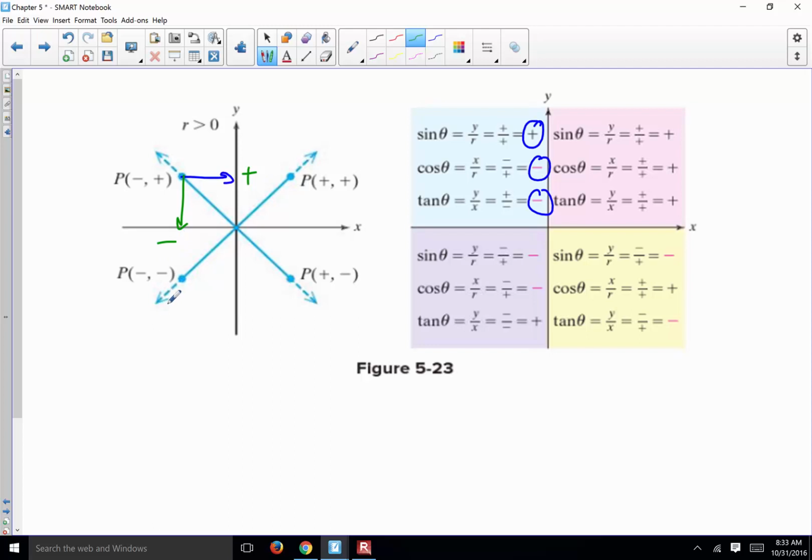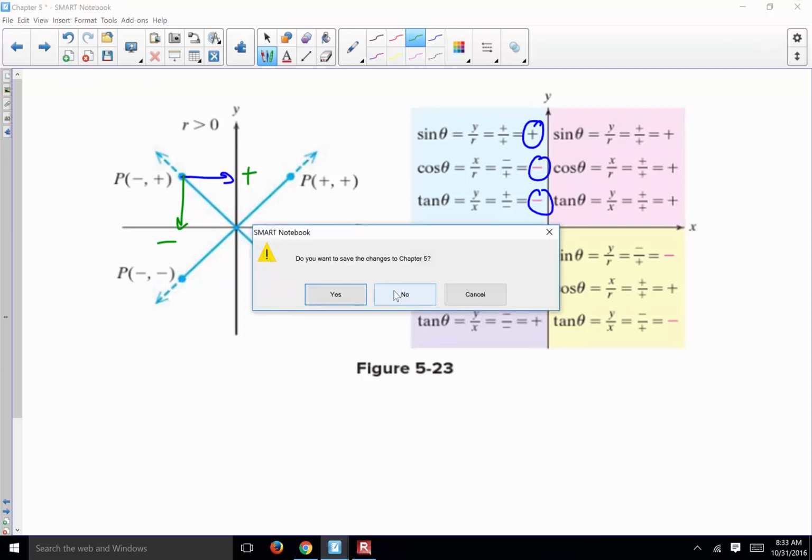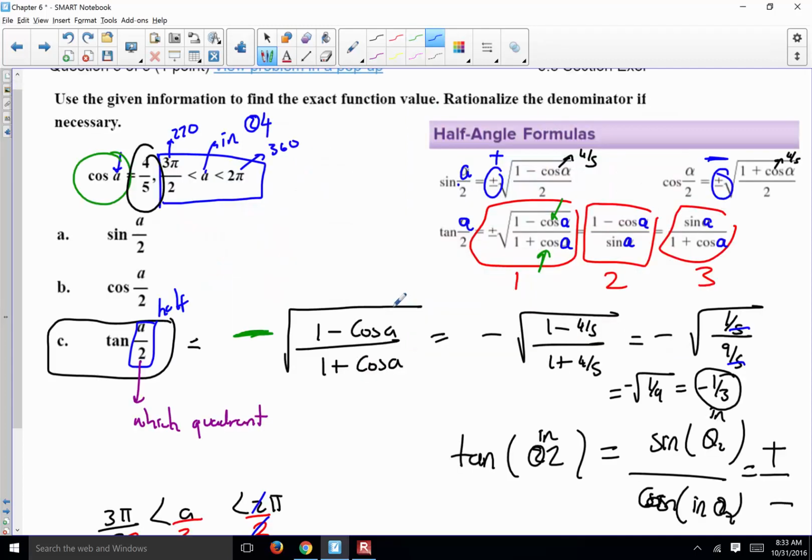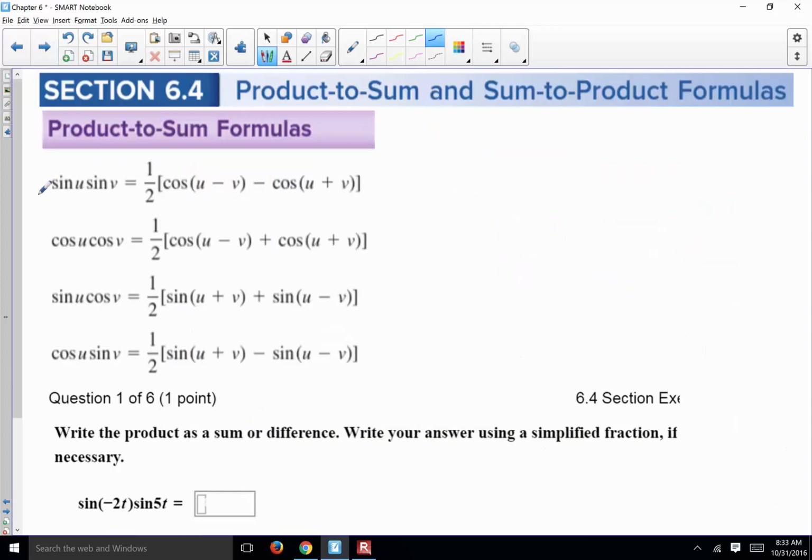Cosine means the x value, negative, of that angle, that terminal point. This is called the terminal point. So keep this sign chart on a sheet next to you if you want, but you need to be able to figure it out. Okay, 6.4 is our upcoming section.